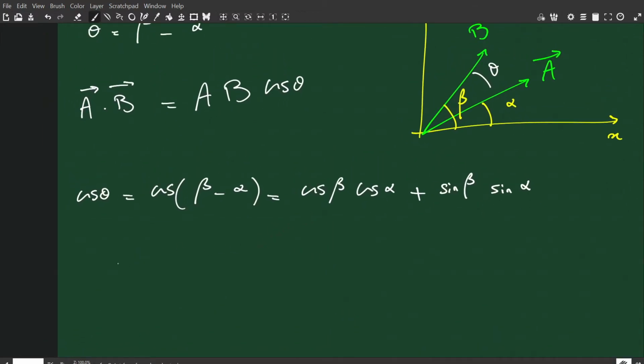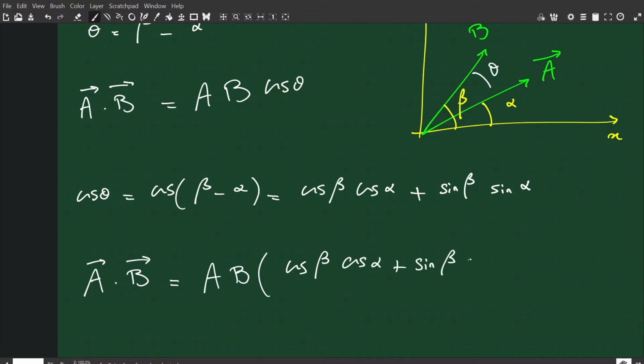So you can write it, and A dot B is equal to A B times cosine beta cosine alpha plus sine beta sine alpha.